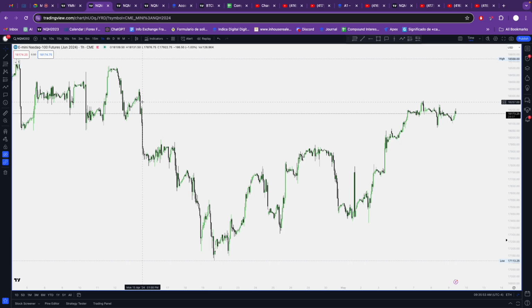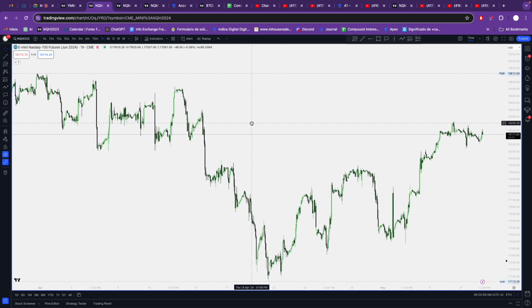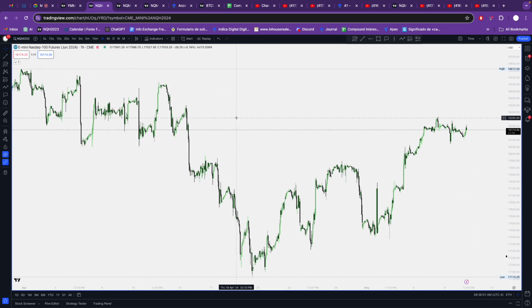It just balanced out this fair value gap on the sell side of the curve. Like right here, buy side.